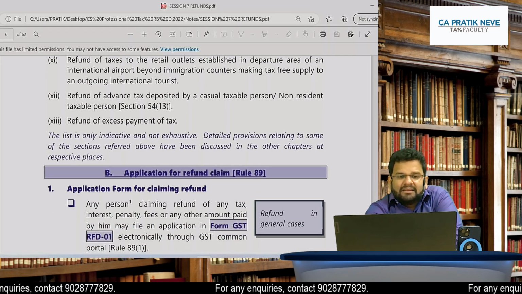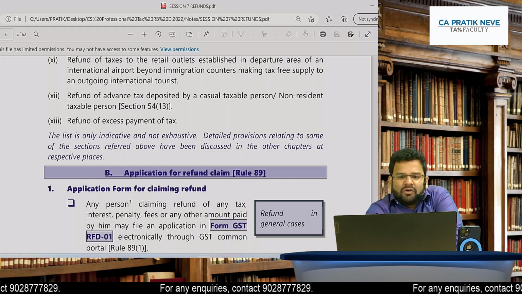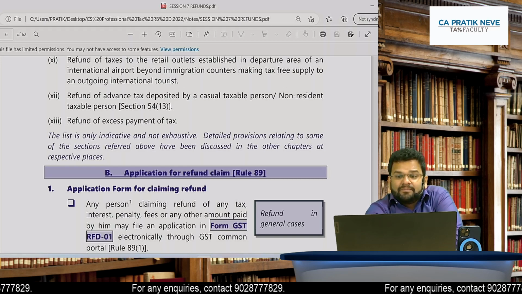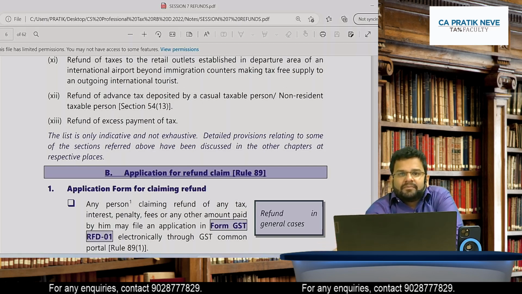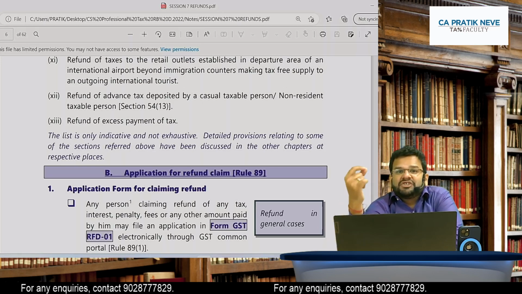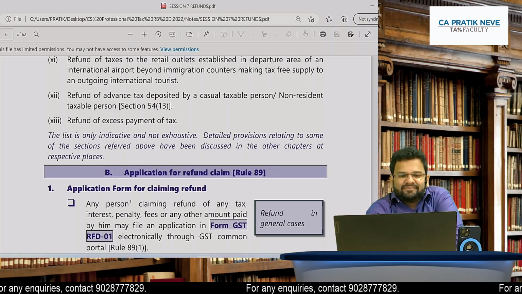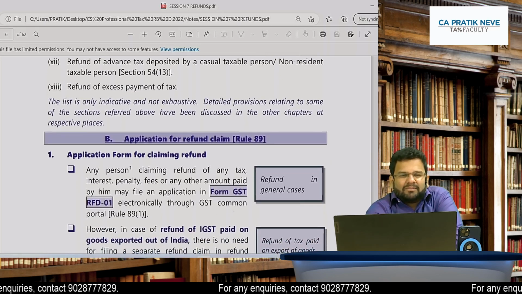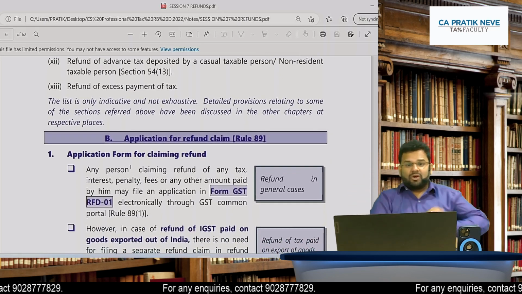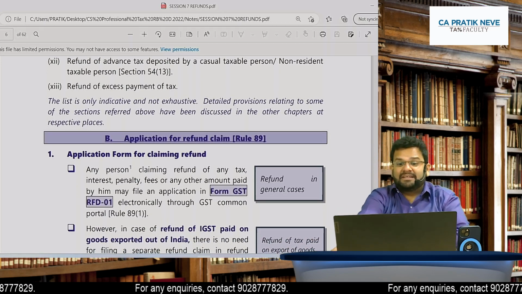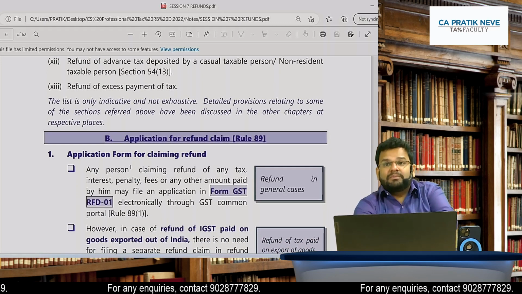Then this is a very unique case. You must have seen this: refund of taxes to retail outlets established in the departure area of an international airport beyond immigration counters. You must have seen duty free shops. Not so critical here. Then refund of advance tax deposited by CTP NRTP. Do you remember this?